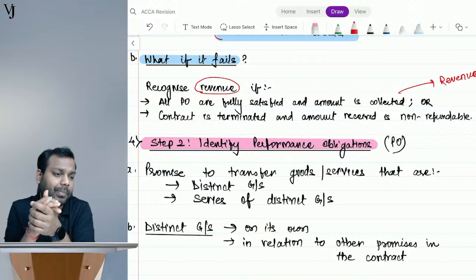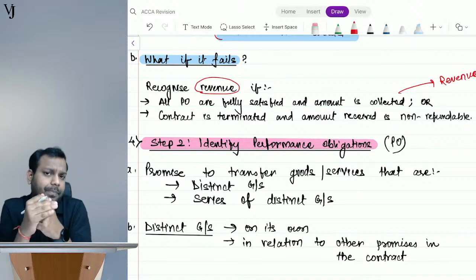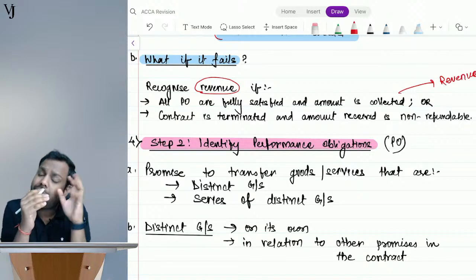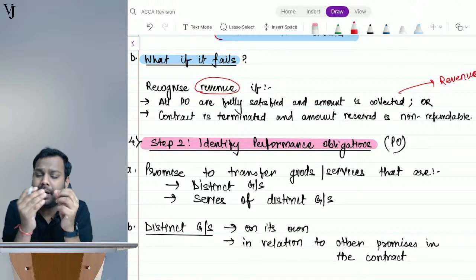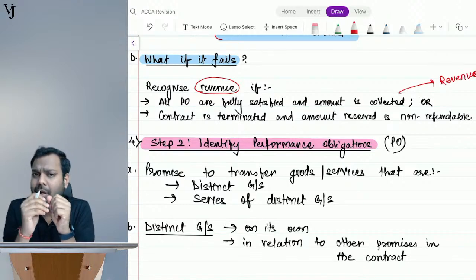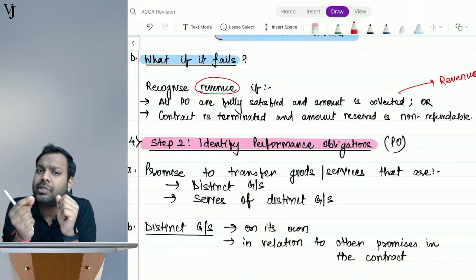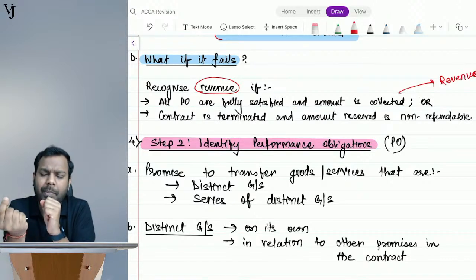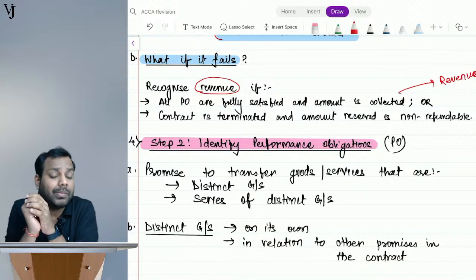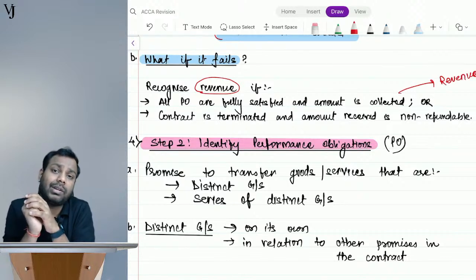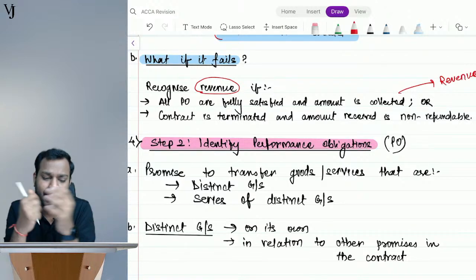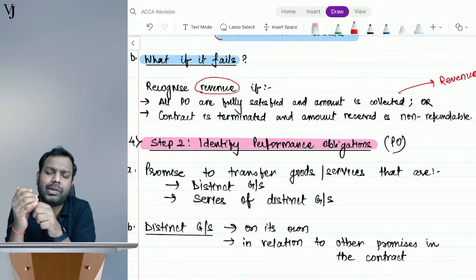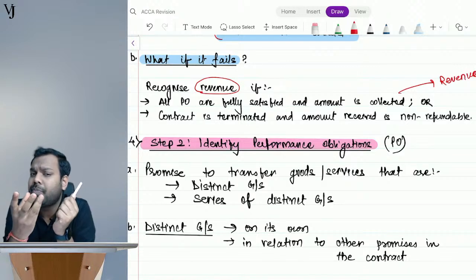Let's suppose you booked a flat. Now think from the point of view of the builder. The builder got a booking for a flat, and the customer paid the advance token money. Later on, after a month or so, the customer cancelled the contract. As per the general terms in the real estate industry, the token money you give is not refundable.